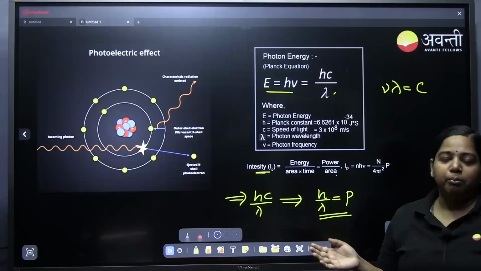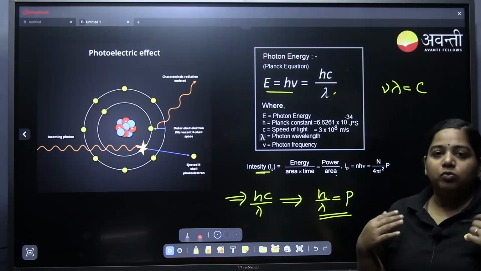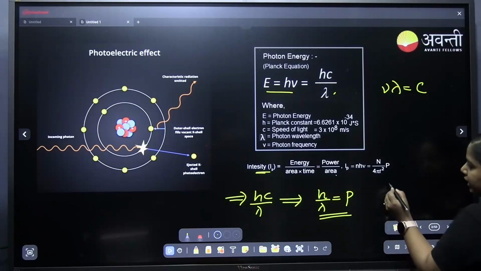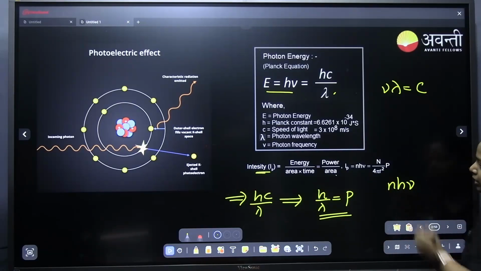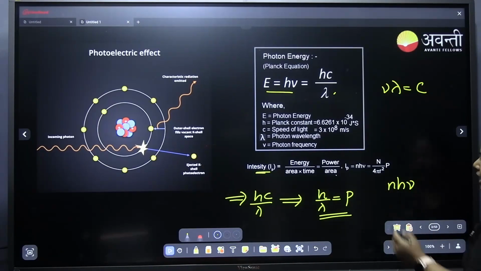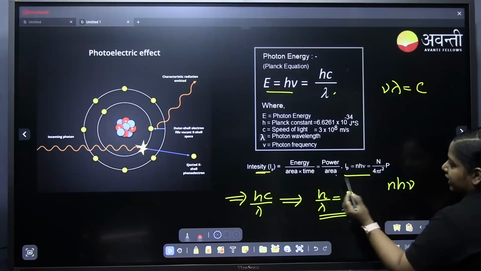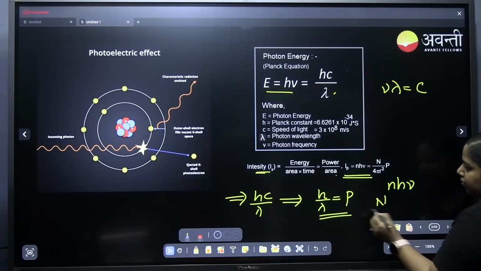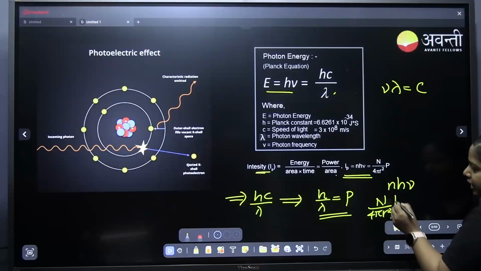Let's say that n number of photons are falling, so what will be the intensity? N photons falling, so n h nu. Nu, when we are applying, is already per second. So total energy is this, and from this we can say that intensity is equal to n by 4 pi r square, that is the area, into p.